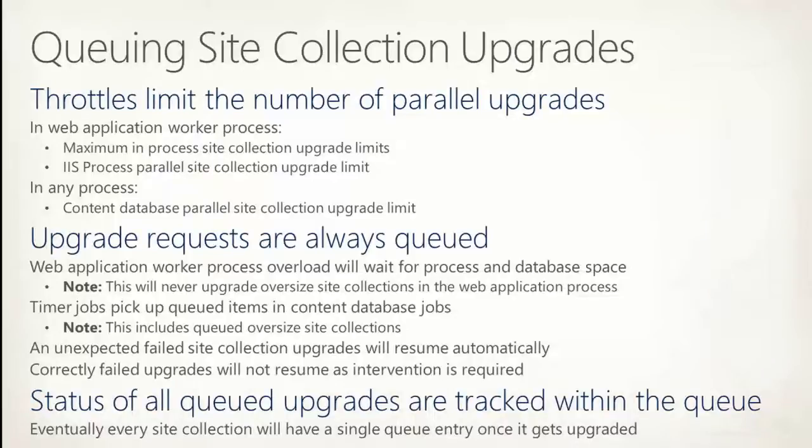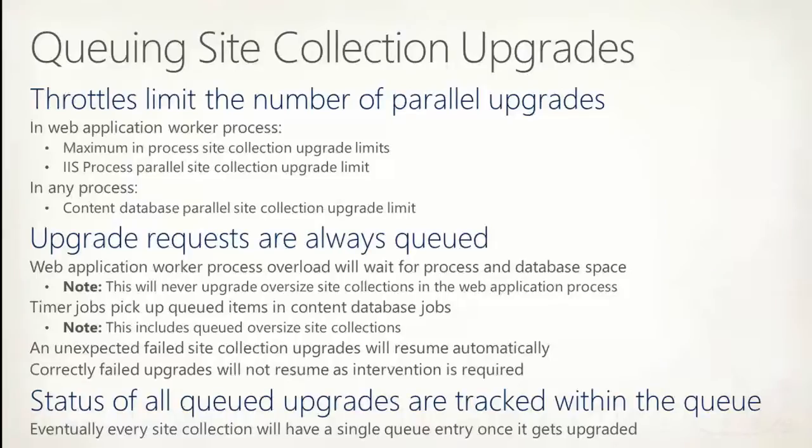And we came up with several throttle mechanisms built into the system so that the two places that you can really be impacted by an upgrade, mainly front ends, the memory used as an upgrade occurs, several hundred meg and more, depending on how much customizations or additional upgrade actions are going through, how big the subwebs, how many feature activations are, et cetera, can expand the amount of memory used.